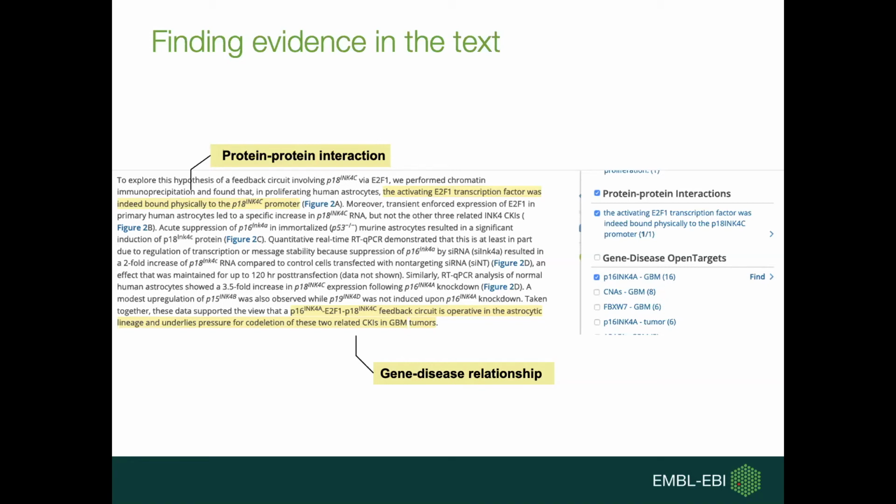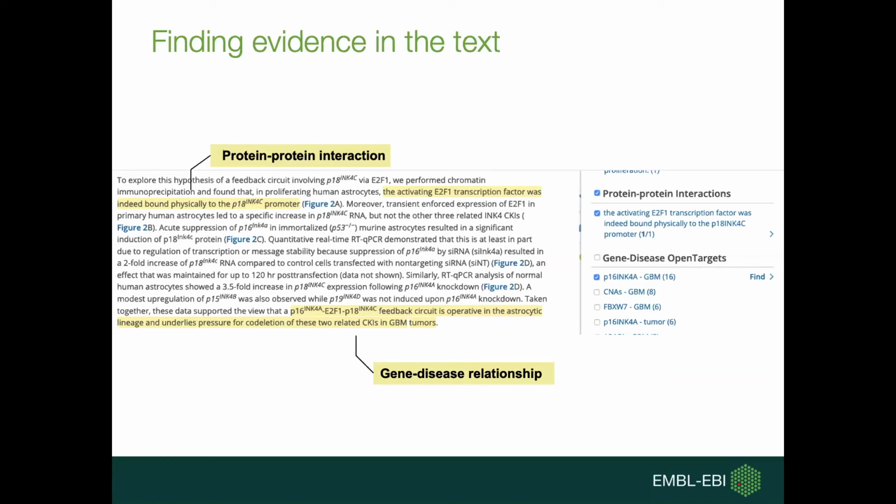So here there is one example where we find evidence that E2F1 transcription factor interacts with P18INK4C promoter according to a chromatin immunoprecipitation experiment.